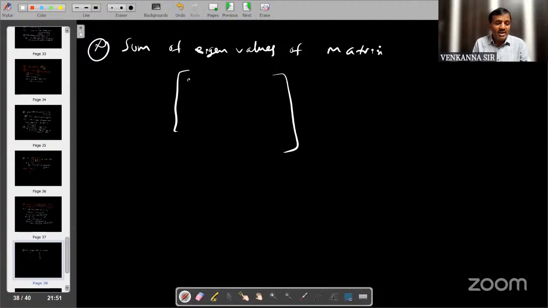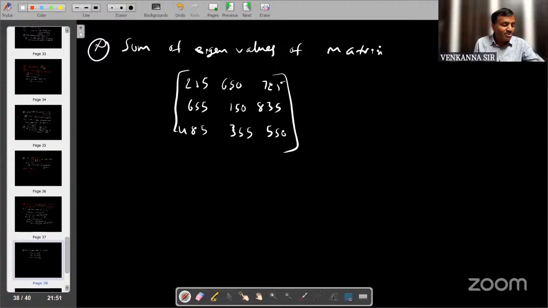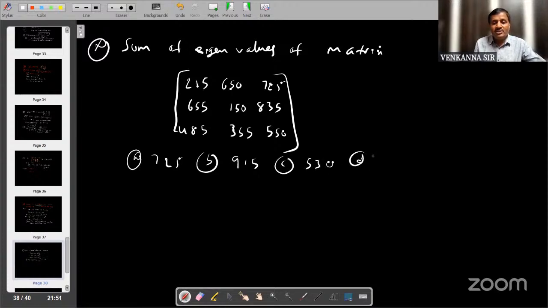The matrix is given like this: 215, 650, 725, 655, 150, 835, 485, 355, 550. What is the question asking? Sum of eigenvalues of the matrix. The options are: A is 725, option B is 915, option C is 530, D is none of these. What is the correct answer?